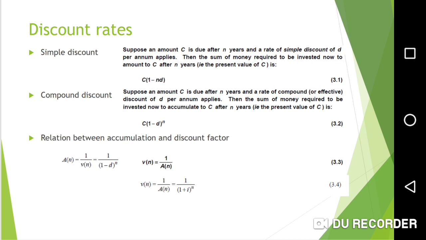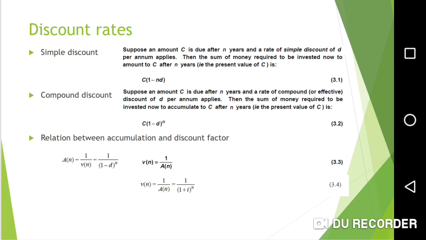The value accumulates to C after n years, and if a rate of simple discount of d per annum applies, then the sum of money required to be invested now, which is the present value of C, is C into (1 minus n d). In other words, present value by (1 minus n d) is equal to C, which gets accumulated to C.